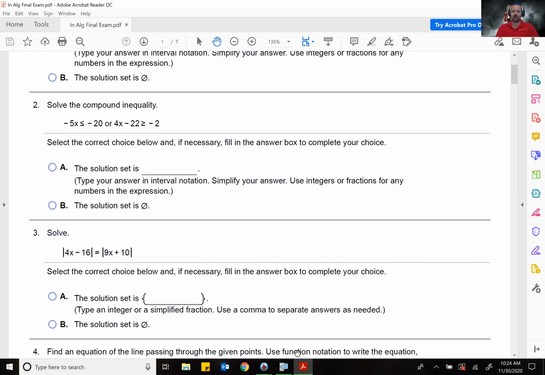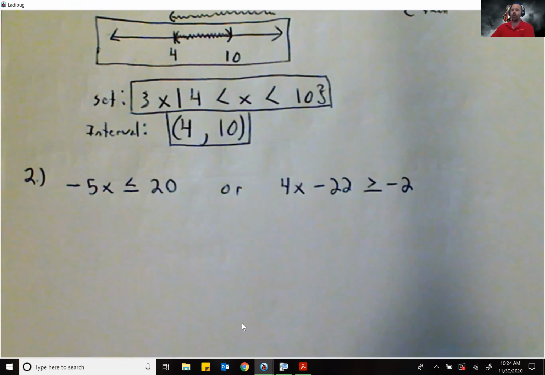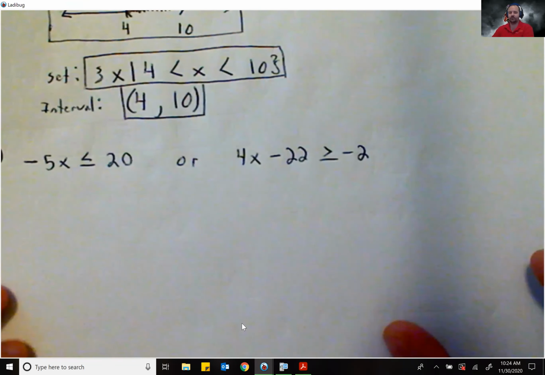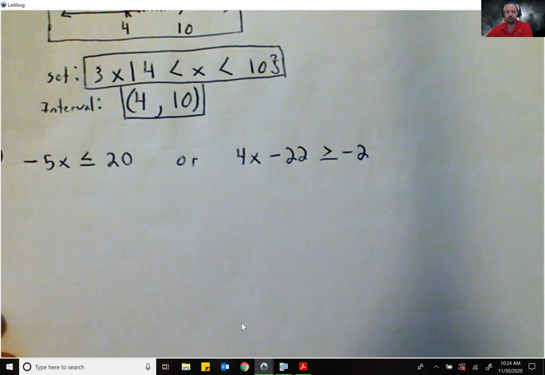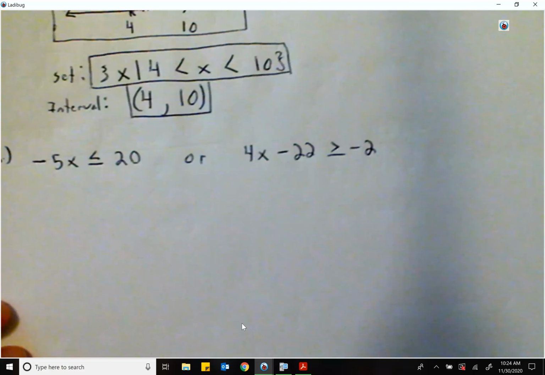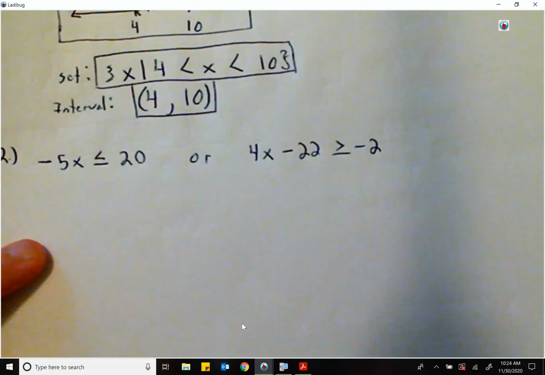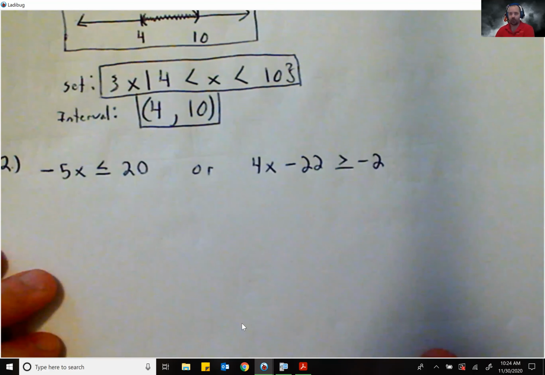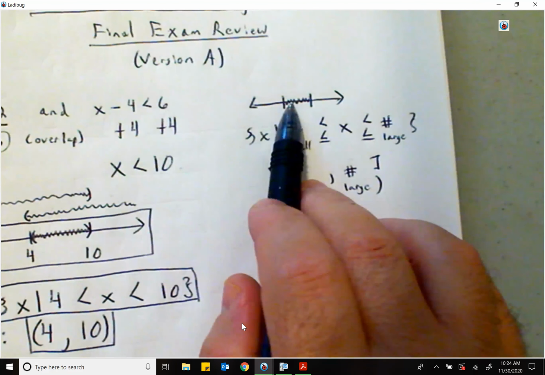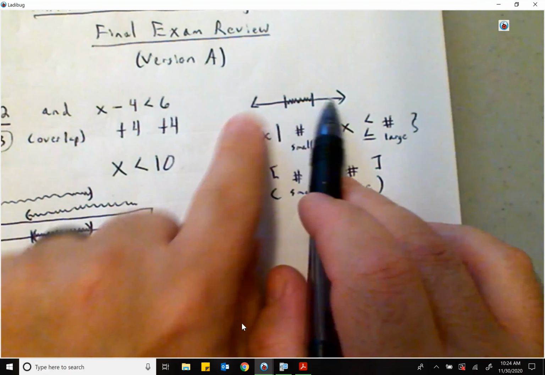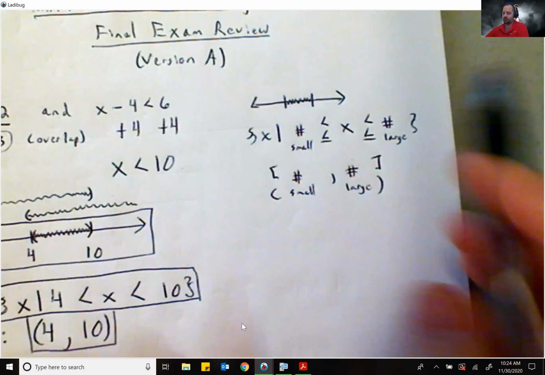So where do ors usually shade? Usually everywhere else. So if ands usually shade the inside, ors generally shade the outside.